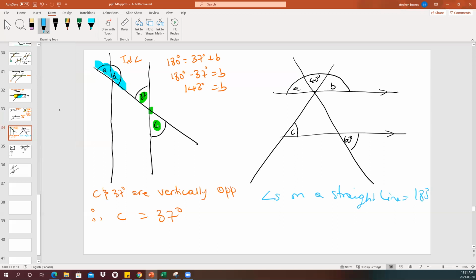It therefore means that the size of B, which we had found to be 143, plus A will give us 180 degrees. So A is going to be equal to 180 degrees minus 143 degrees. A is equal to 37 degrees.